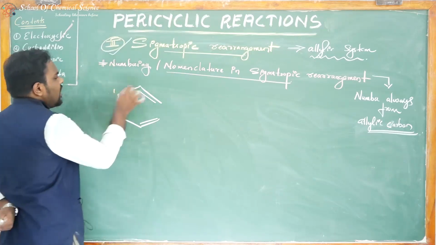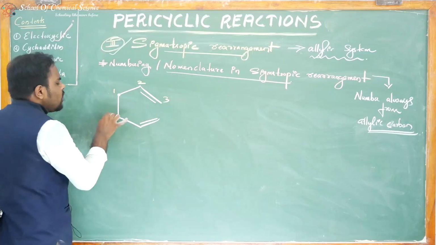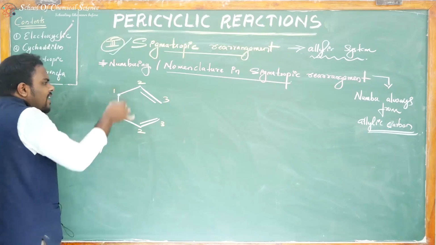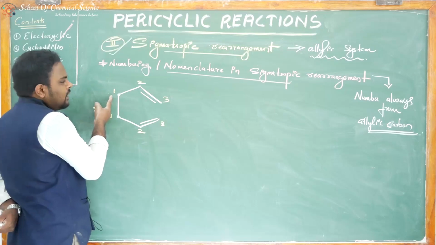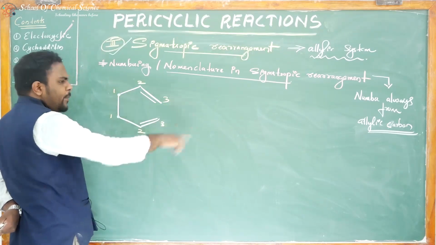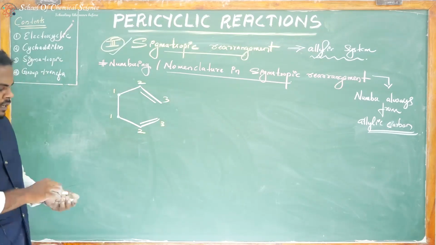So this is carbon number 1, carbon number 2, carbon number 3. Then on the opposite side also 1, 2, 3, and this bond is called a 1-1 bond. So wherever the allylic carbon is present, that carbon is 1, then 2, then 3. Then on the opposite side again 1, 2, 3. Clear?